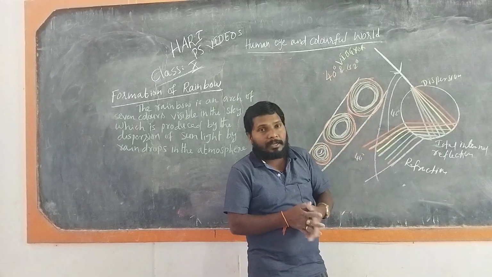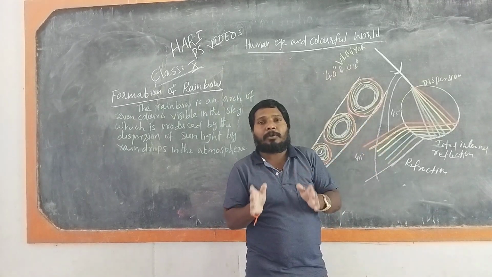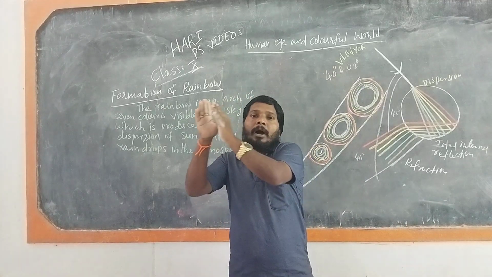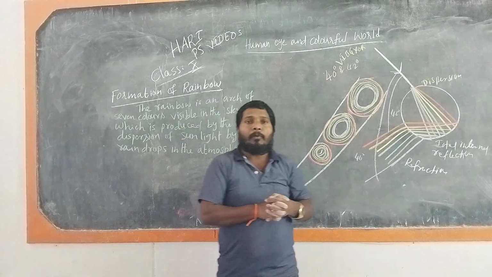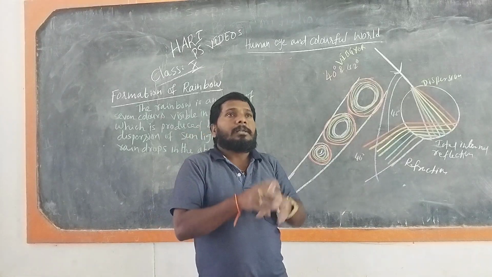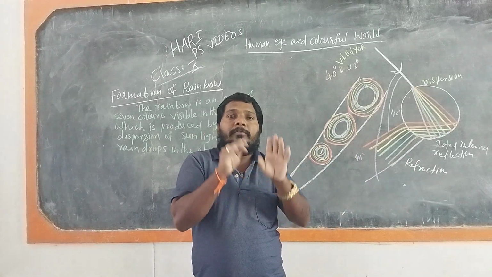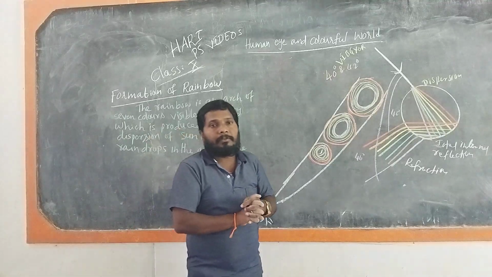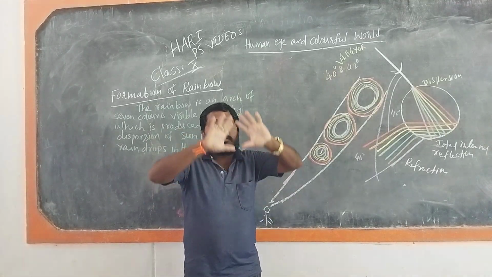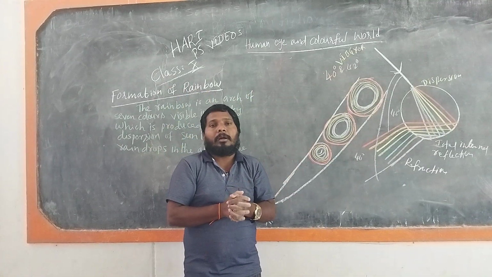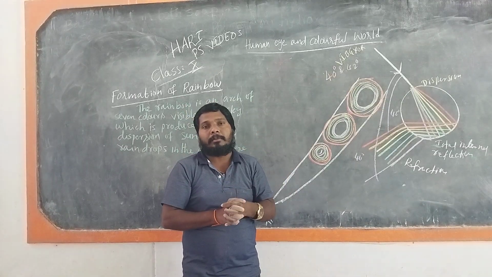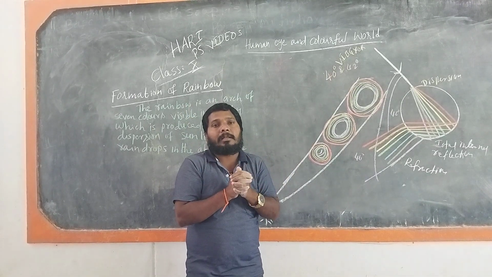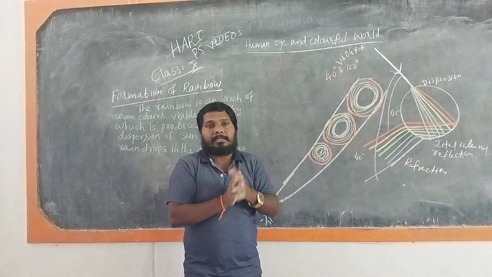If we observe 7 colors in the sky, they are obtained from 7 different water drops, because it depends on the wavelength of the color. To see the full rainbow, the 7 colors completely, depends on the angle and the position of the person.